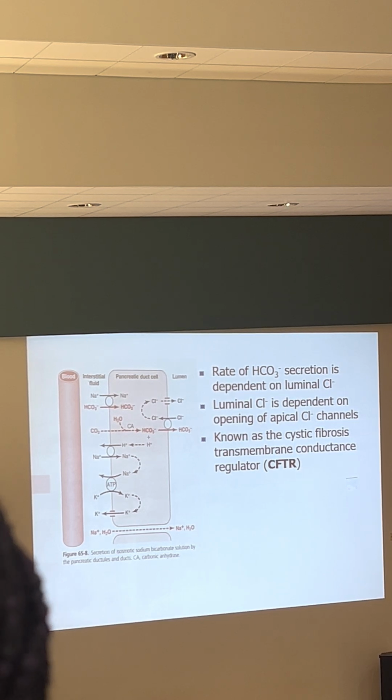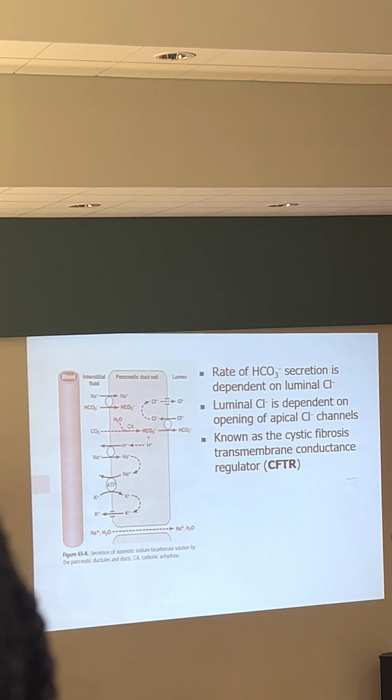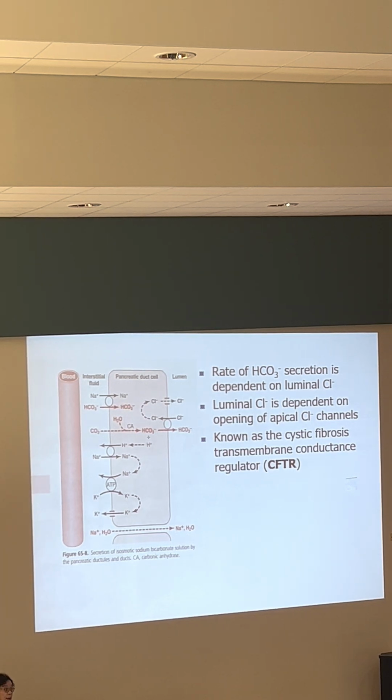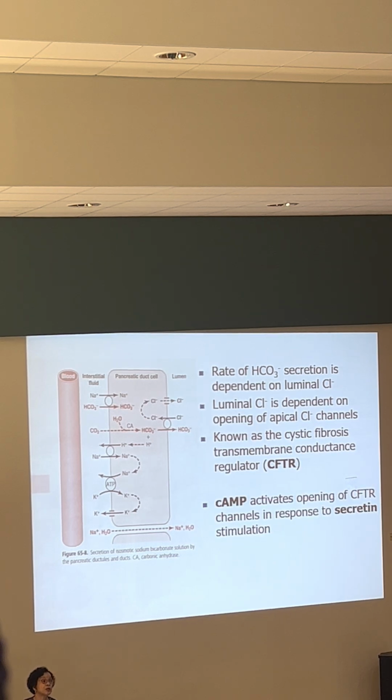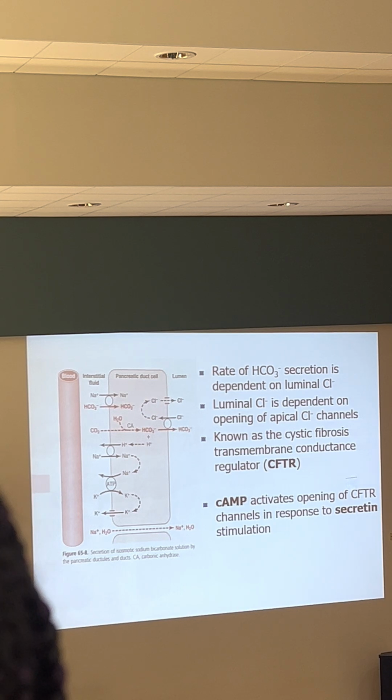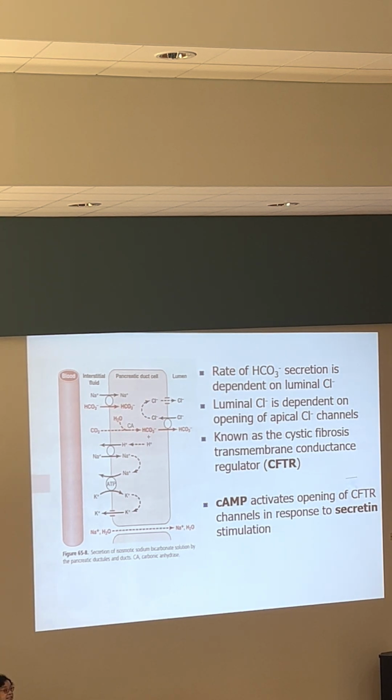The opening of that channel is dependent on the creation of that second messenger, cyclic AMP. So you need to increase cyclic AMP levels in order to open these chloride channels. And that is dependent on secretin release. Secretin. And secretin release is dependent on acid.